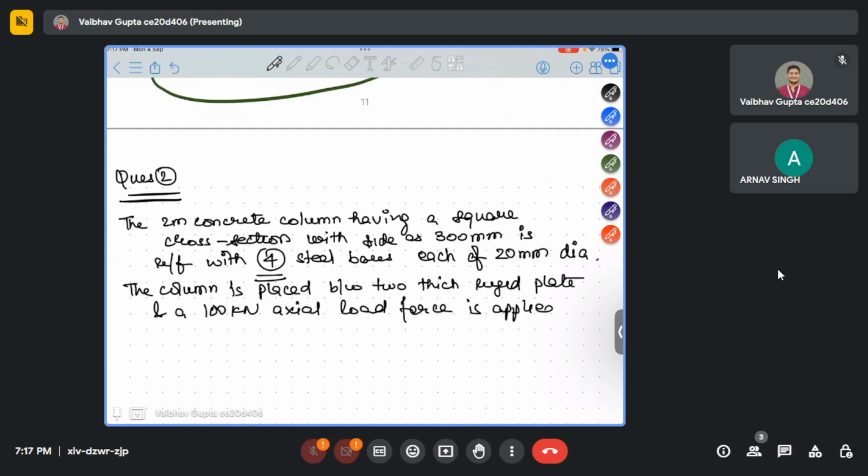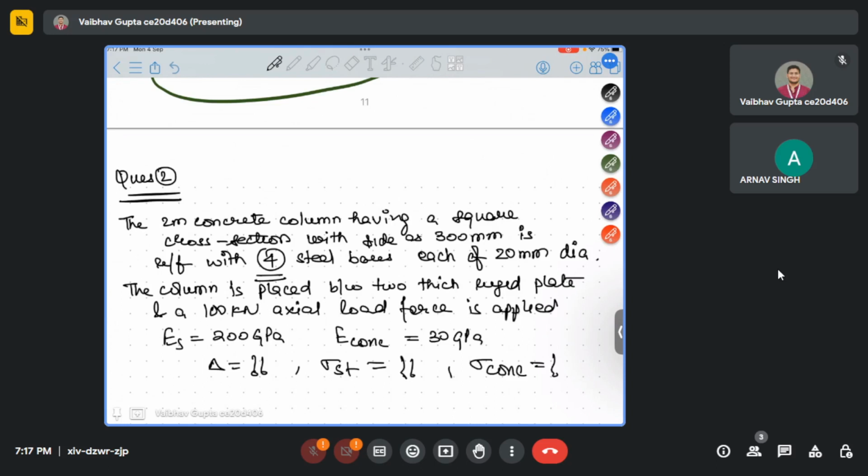E of steel has been given to us as 200 GPa and E of concrete as 30 GPa. Delta we need to find out, and stress in steel and stress in concrete.